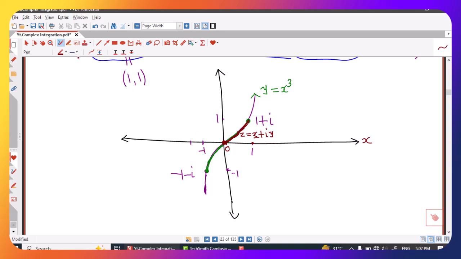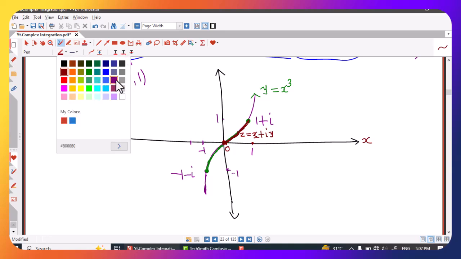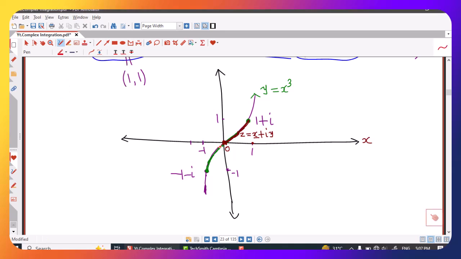Similarly, if we consider this lower part of the curve, then you can see in this part x lies between minus 1 and 0, and if I take any z in this part, then it is below the x axis, therefore y is negative. So what we can do is divide this curve into two parts, say C1 and C2.